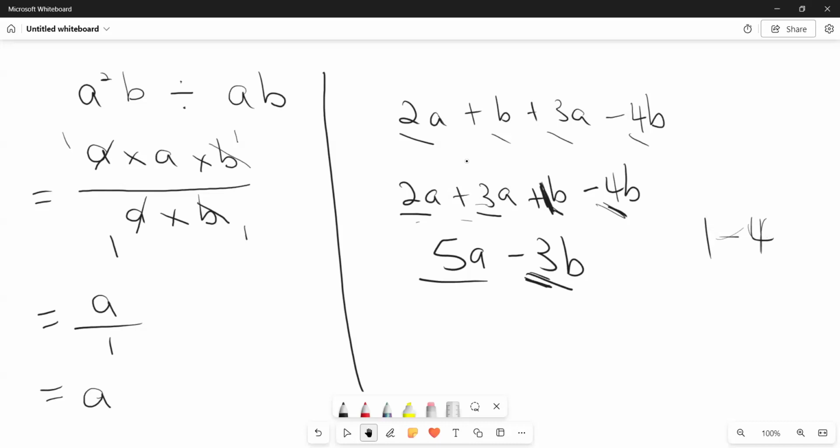You'll be owing 3. So that's minus 3b. Think of it like that. Yes, sir, I catch it now. And if you're not certain, forget the letters and just put 1 minus 4 and you'll get -3. And don't forget to stick in the b.